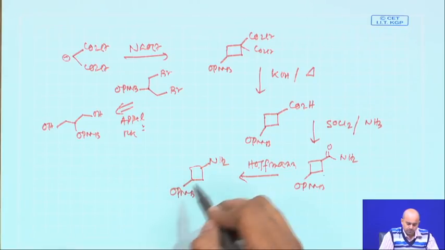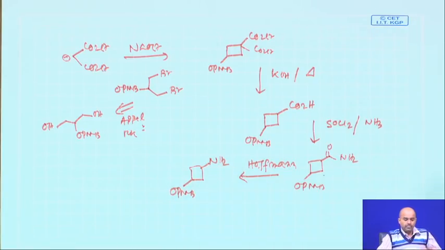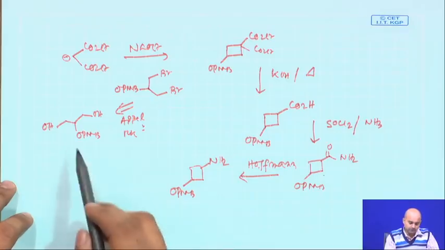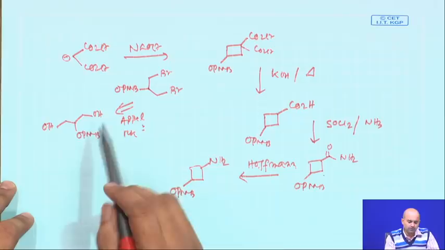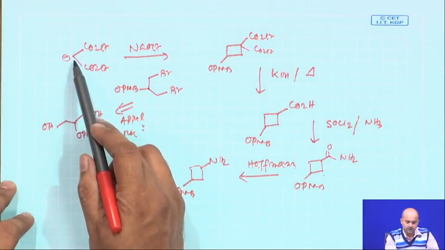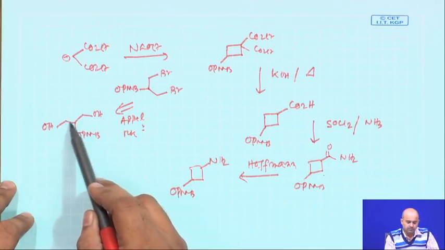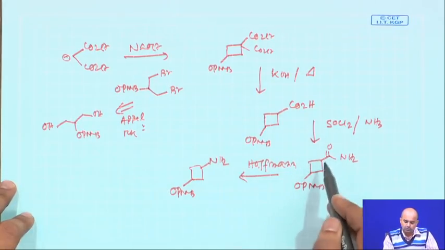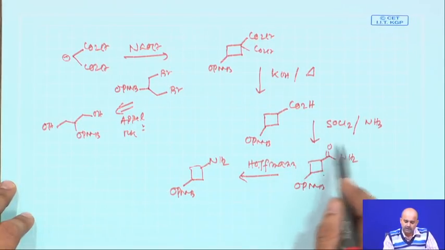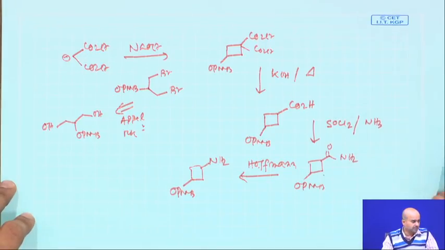The transformation was very simple, but the appendage which we introduced, the amine appendage, was introduced with the help of diethyl malonate, which gives you the 1 carbon. So, this is a 3 carbon starting material, you introduce 1 carbon extra to close the cyclobutane ring, and then finally, you complete the synthesis.